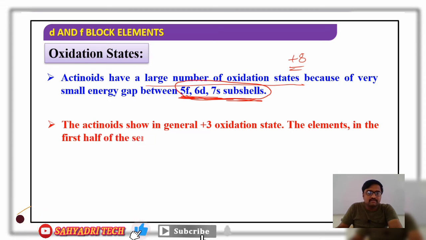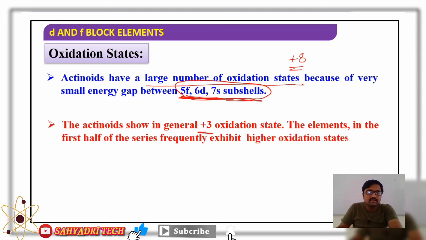The general or common oxidation state of actinoids is +3, just as lanthanides also show +3, and actinides show +3 as their common oxidation state.